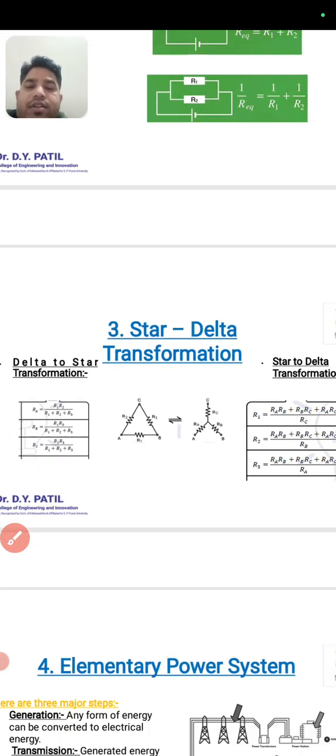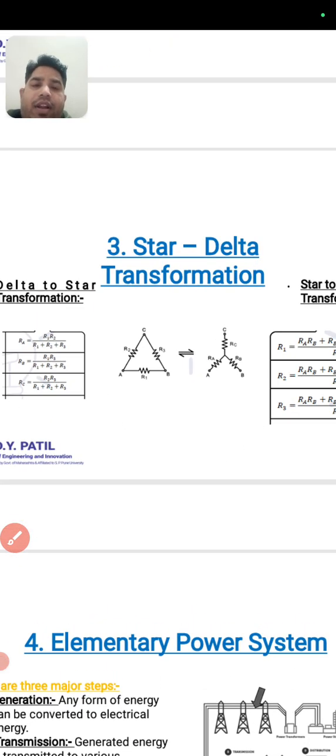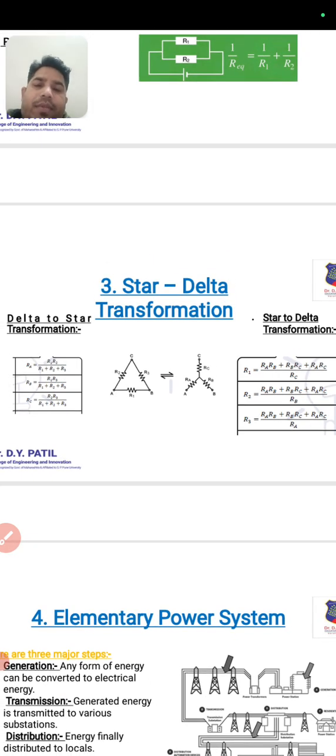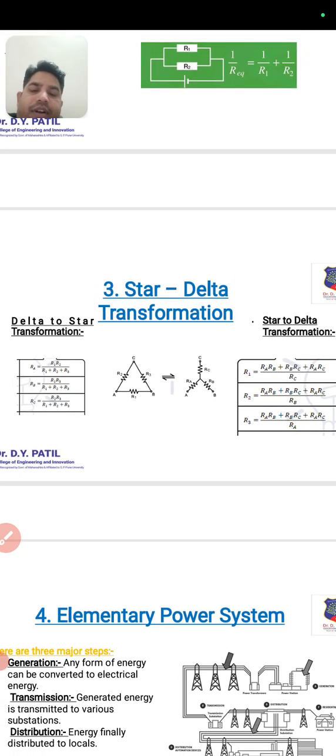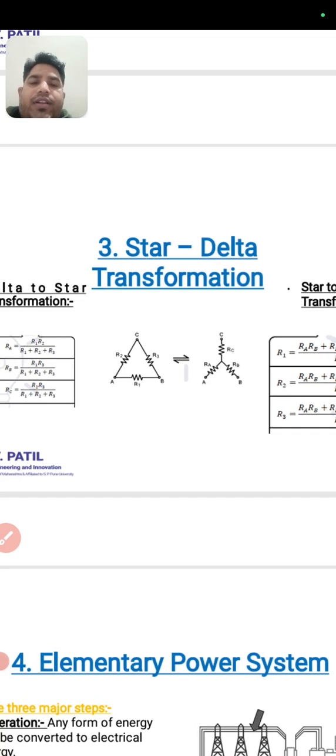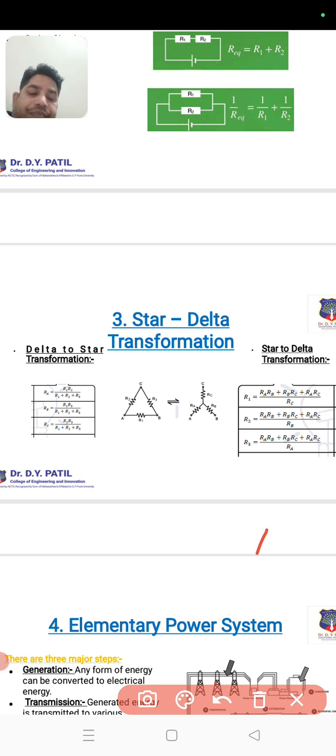The next concept is star and delta. We are all familiar with star and delta, as we have already covered them in our lecture. When three branches form a closed loop, we call it a delta, and when three branches meet at a point, we call it a star.